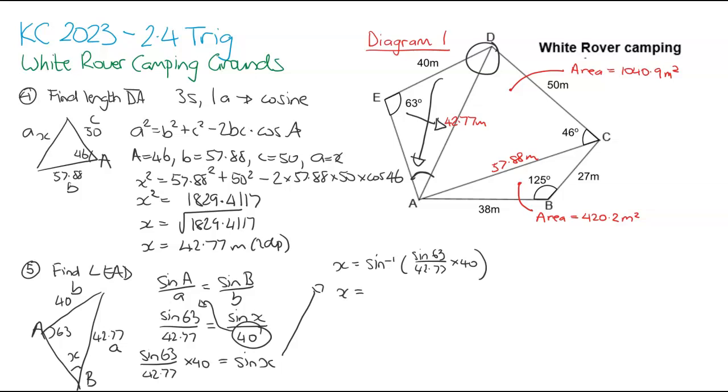So X, when we put that on our calculator, comes to 56.44 degrees. And again, I've done a 2dp rounding. And just a reminder about our three things: I'm finding the angle, I've explained what I'm trying to solve, the degree sign is the units, and I've stated my rounding. So I've got those three things.